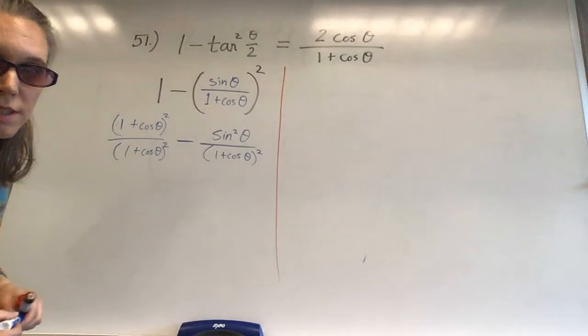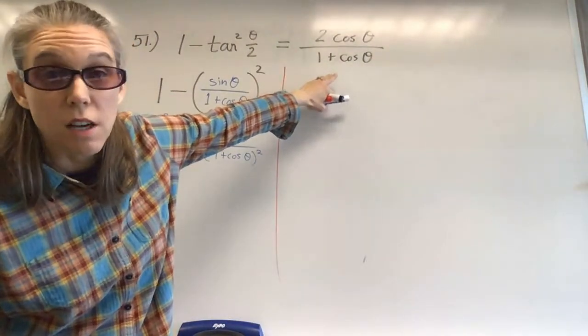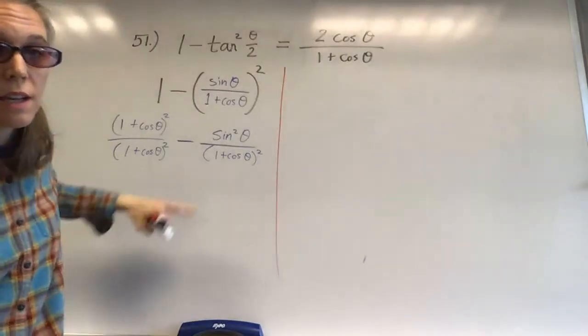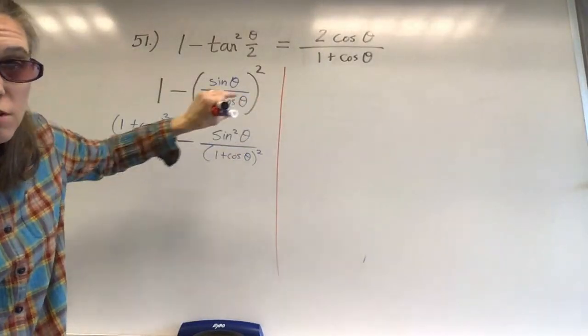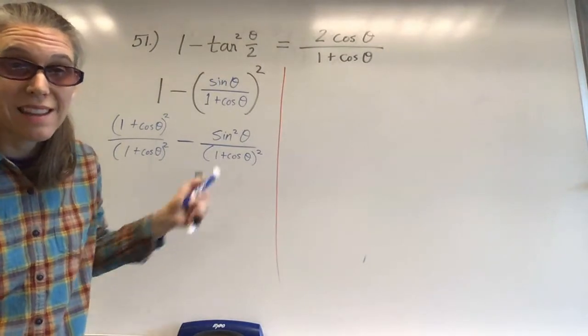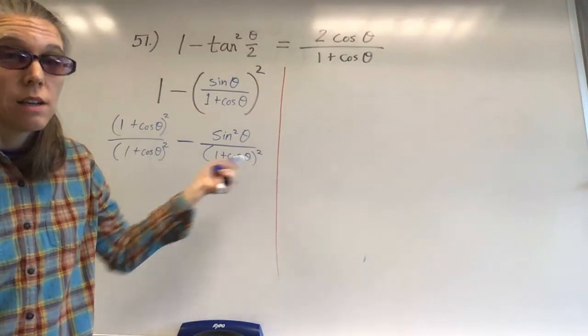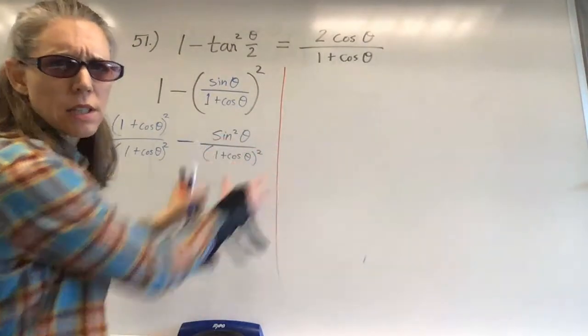Now I'm not going to expand it because I see over here that my final denominator is a 1 plus cosine theta, and so I'm going to hope that somehow in the numerator I'll be able to form a 1 plus cosine theta that will cancel with one of the 1 plus cosine theta squared, one of those in the denominator.